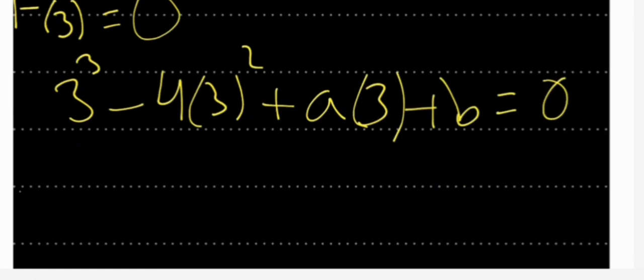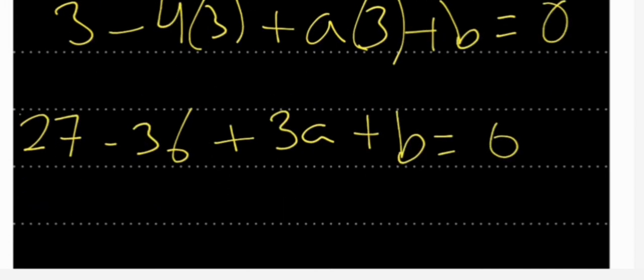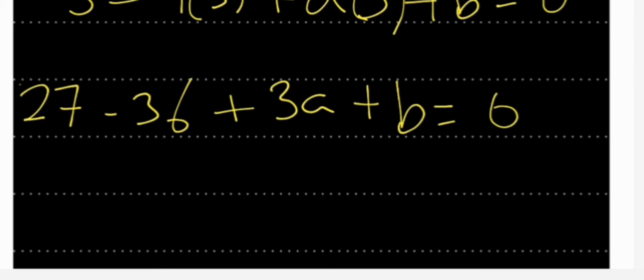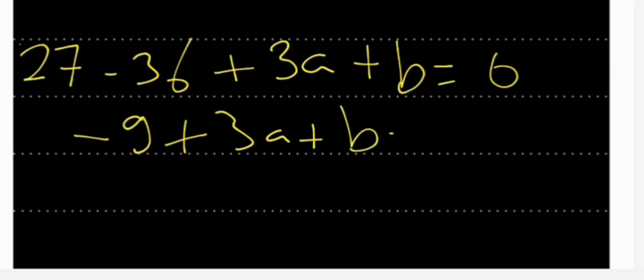So 3 cubed is 27, minus 3 squared is 9 multiplied by 4 is 36, plus 3a plus b equals 0. So 27 minus 36, we have minus 9 plus 3a plus b equals 0, okay? And this is the first piece of information that we are going to use later.